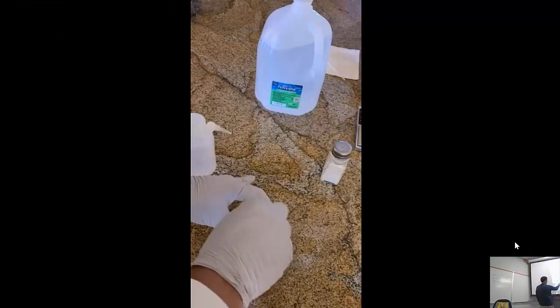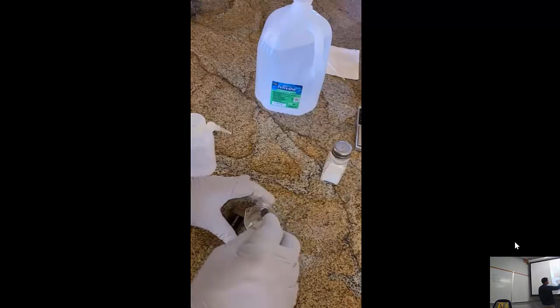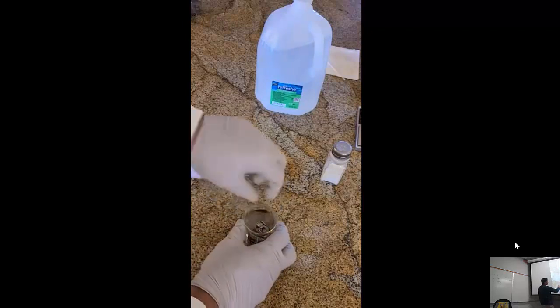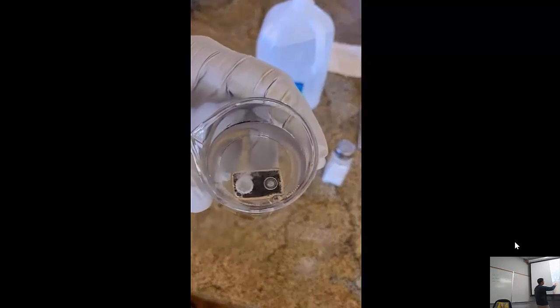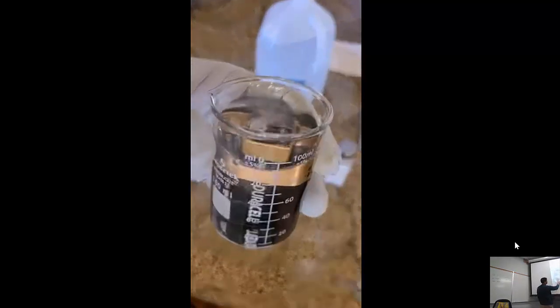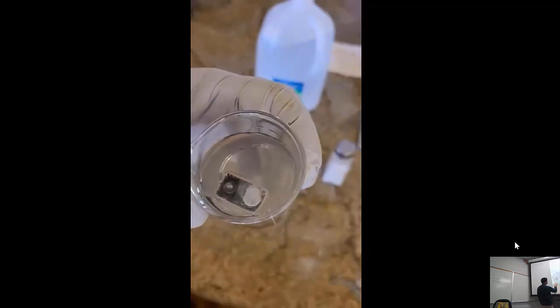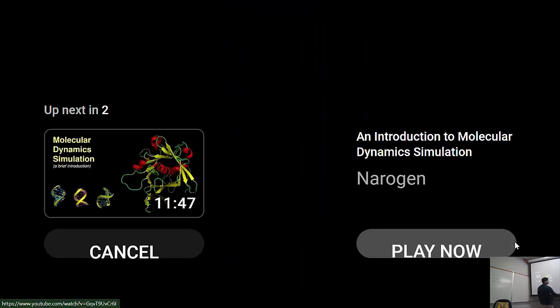If you keep it in the water, one of these, what we call electrodes here.